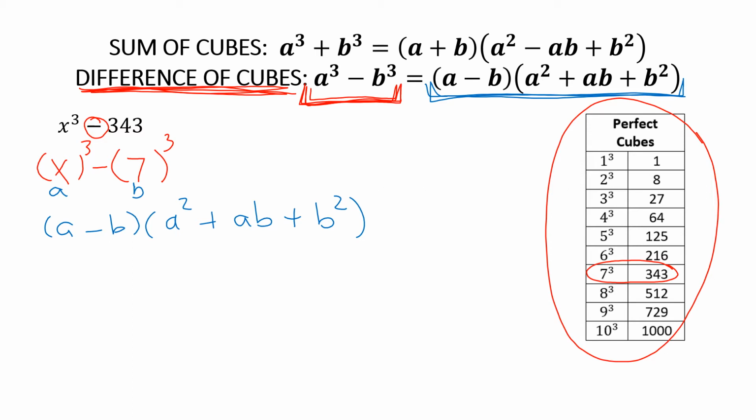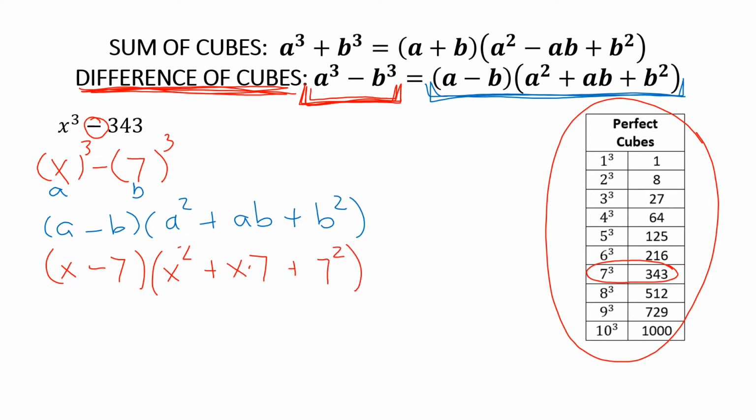Here's what this will look like. A minus b, I will write x minus 7. And then a squared, that would be x squared, plus a times b would be x times 7, plus b squared, that would be 7 squared.